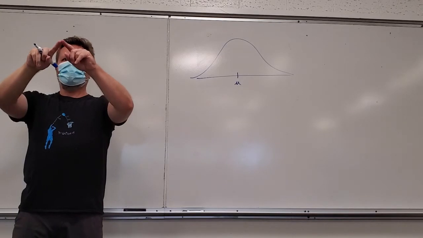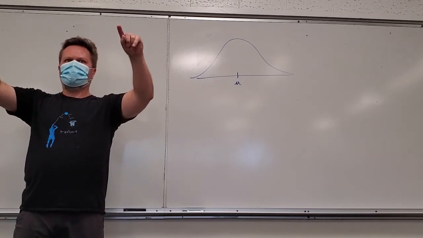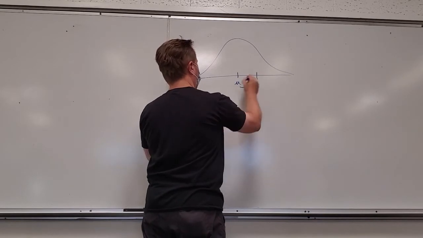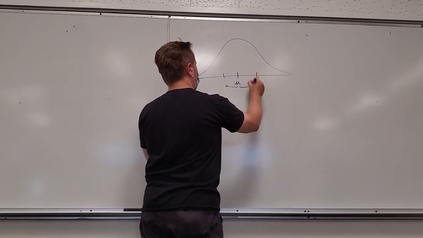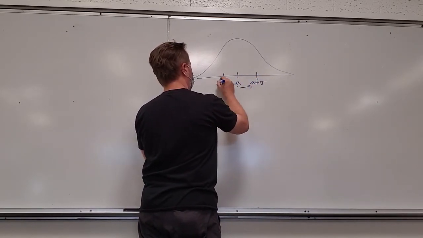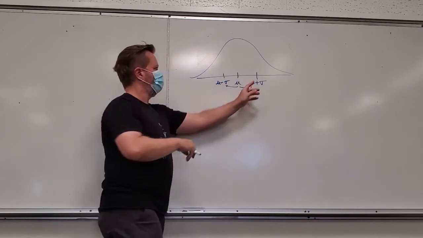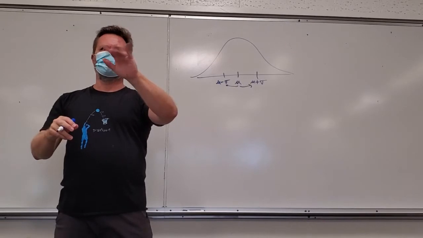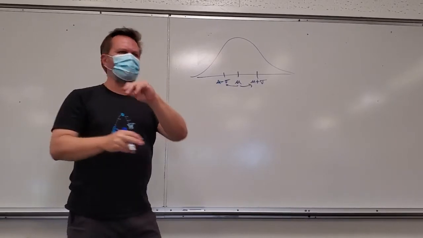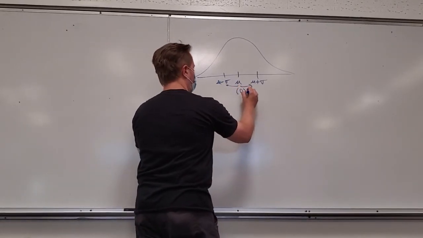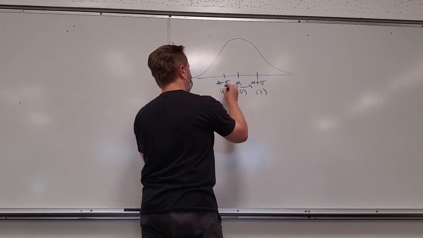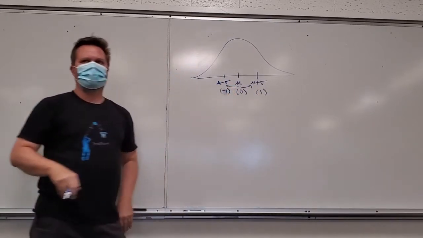So here's something kind of cool. If I go up and down 1 standard deviation, so let me do this. Can you guys see that? Kind of small. Mu plus sigma, mu minus sigma. Let me write some numbers. I'm going to put 0 under there, 1 under there, 2, and -1 under there.